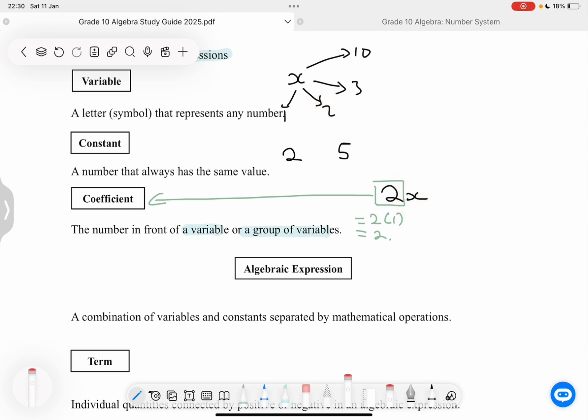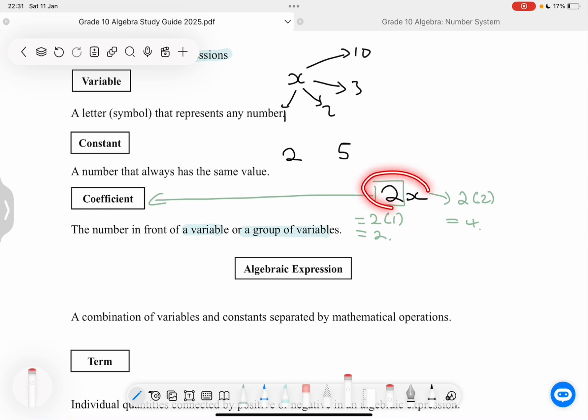If then the x becomes a 2, it means now we're going to have a 2 times a 2, and now we're going to have a 4. And if the x is a 3 now, you're going to have 2 times a 3, it gives you a 6. So you can see that this number is not a constant. It also would change as the x changes. The whole number here, this whole number 2x, varies depending on what the value of x is.